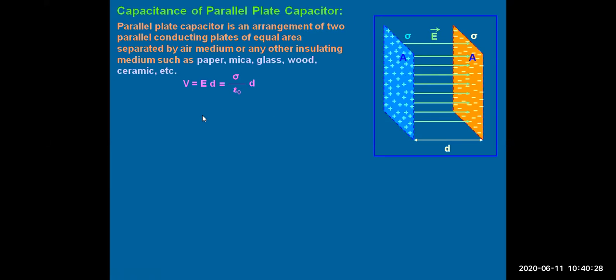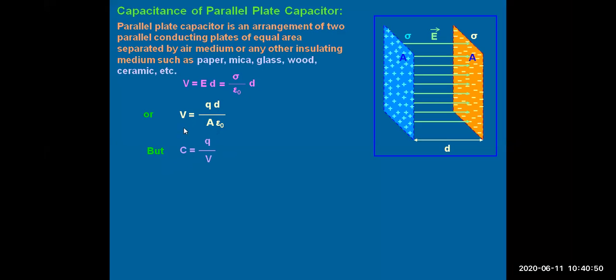Now for our first formula, E equals sigma divided by epsilon naught. Second formula we saw, E equals V divided by D. When you compare both, the third expression I showed was V is equal to Q by A into D into epsilon naught.